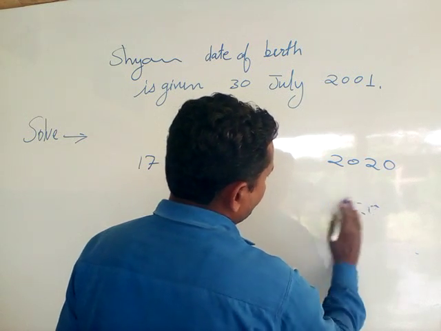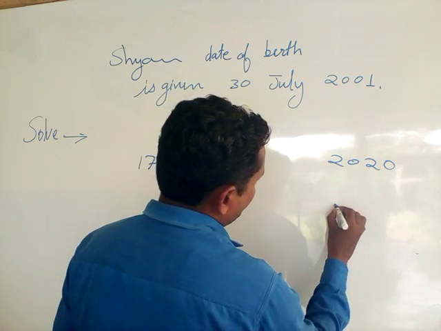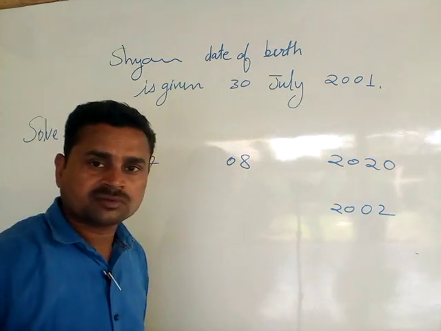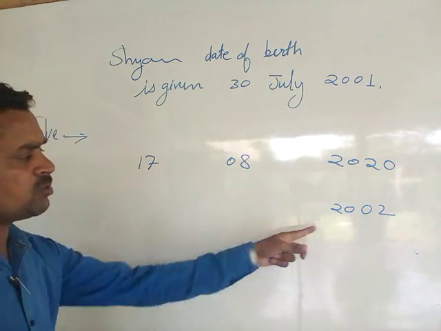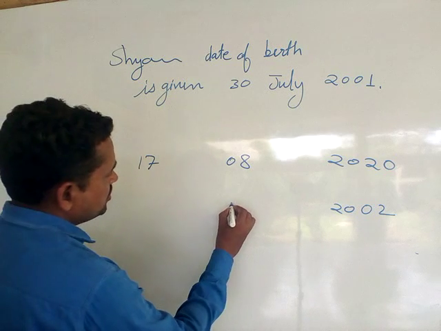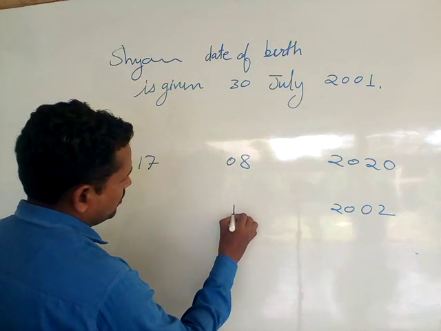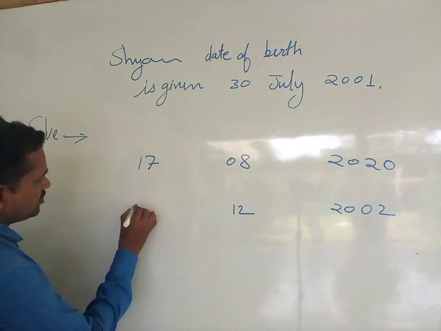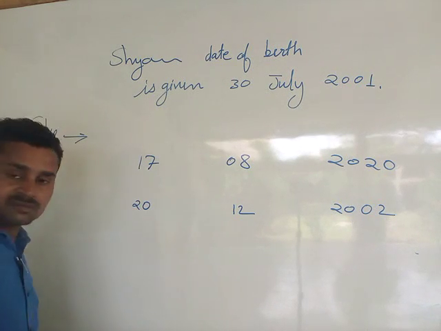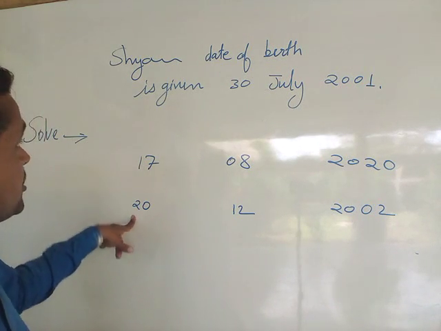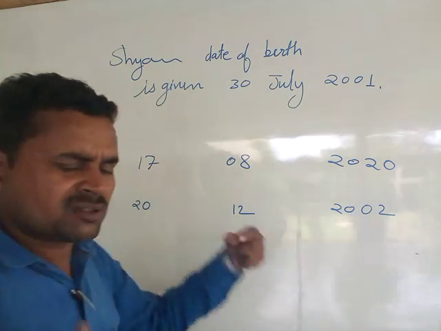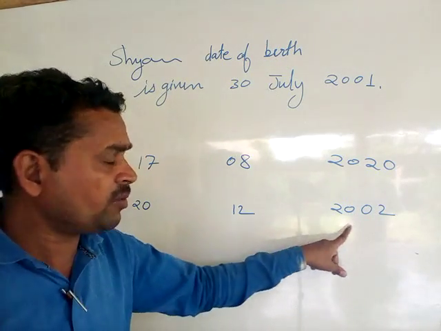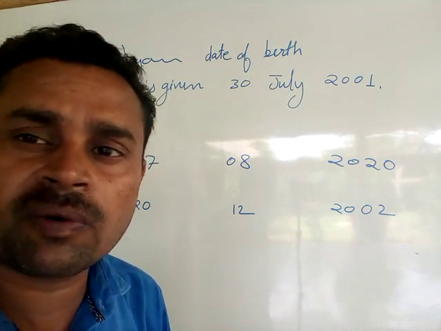Let the year of birth be 2002. The month is 12, December, and the day is 20. Suppose the person is Ghanshyam, or any other name. 20 December 2002 is the date of birth of the person.